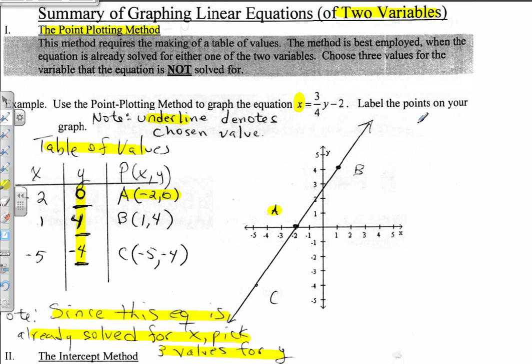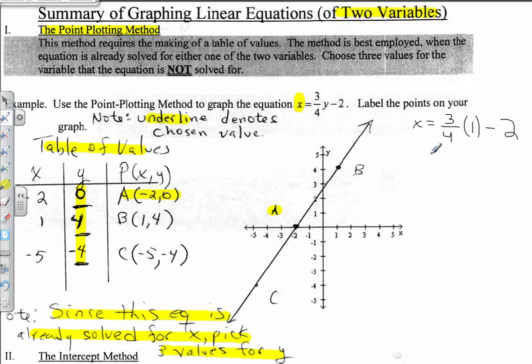If y were equal to one, I'd have x equal to 3/4 times 1 minus 2.